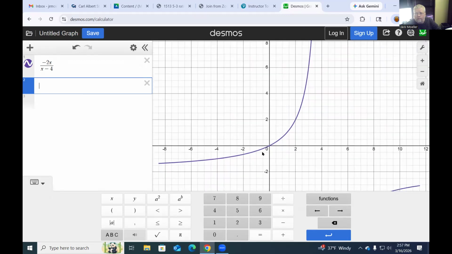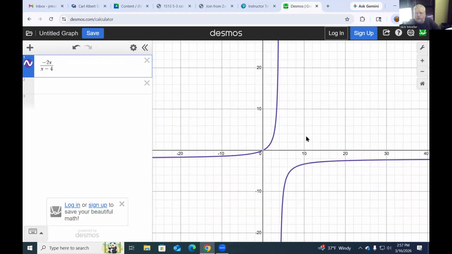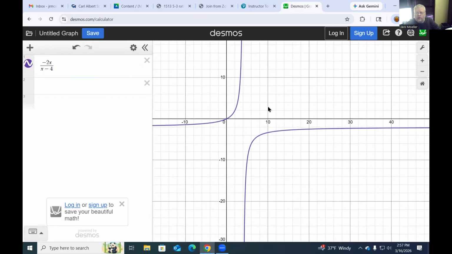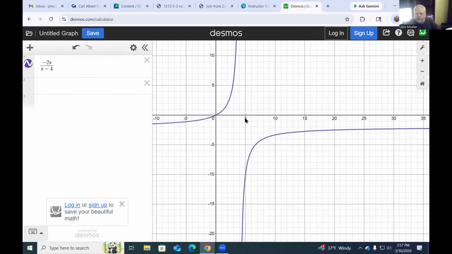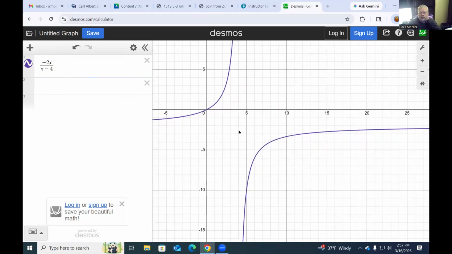All right. Let me zoom out. All right, so again, just to check, didn't ask for the asymptotes, but we divide by 0 when x equals 4. And so there's where the vertical asymptote is, at x equals 4. The numerator on top is degree 1, the denominator on the bottom is degree 1. So that means the horizontal asymptote is at the ratio of the coefficients. So negative 2 divided by 1 is negative 2.